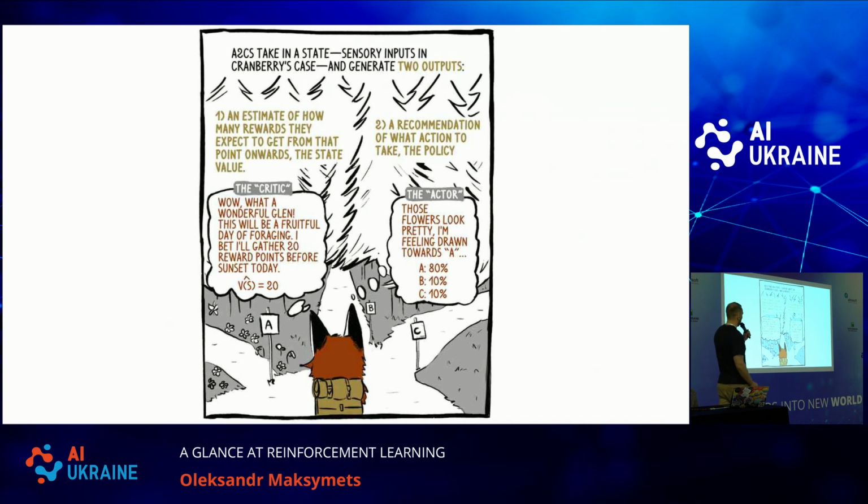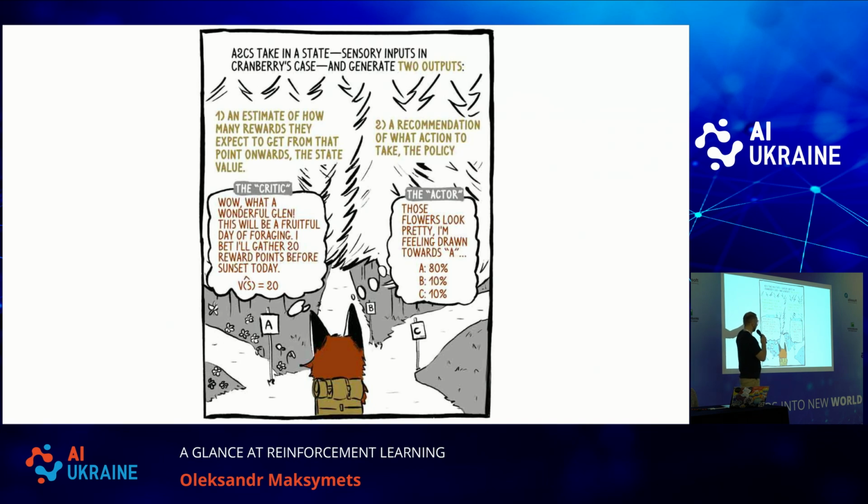What our algorithm is doing is trying to provide two outputs on each step. First, it tries to create an estimation of a particular state and how much reward we can receive from this state. It's called the critic. It tells how good the current state is.